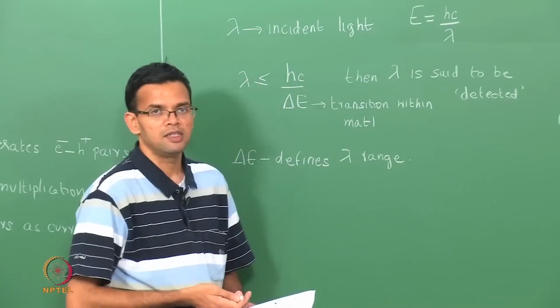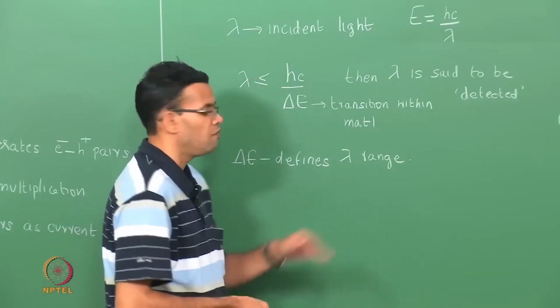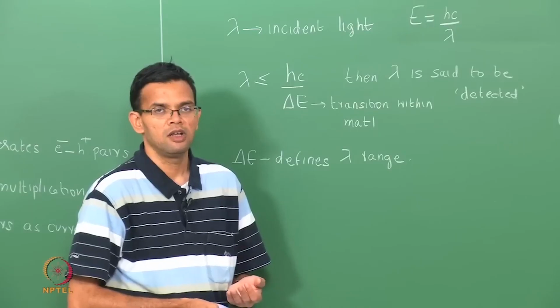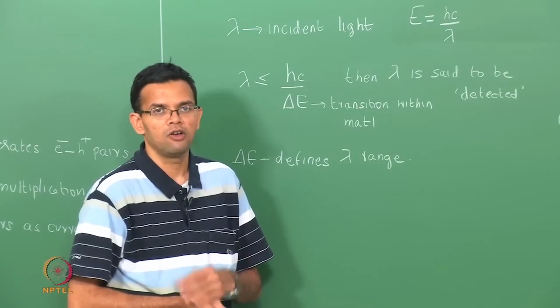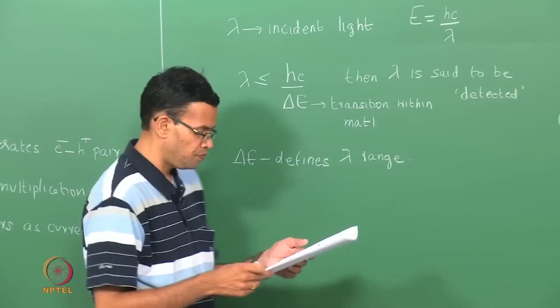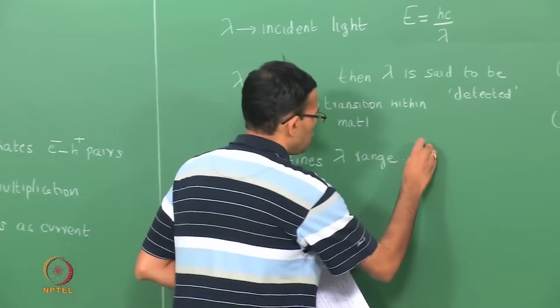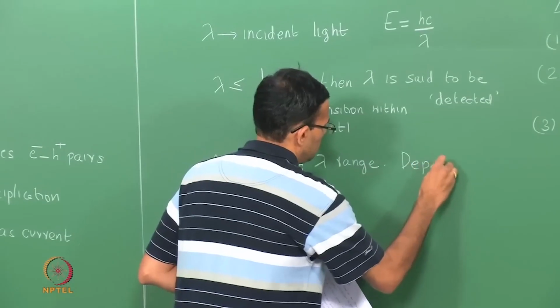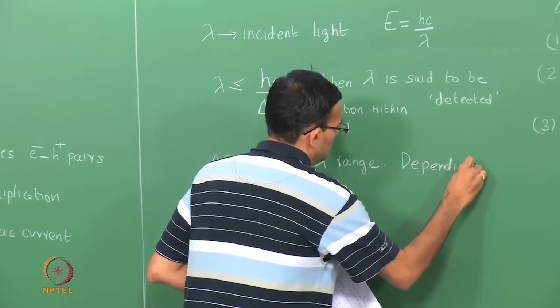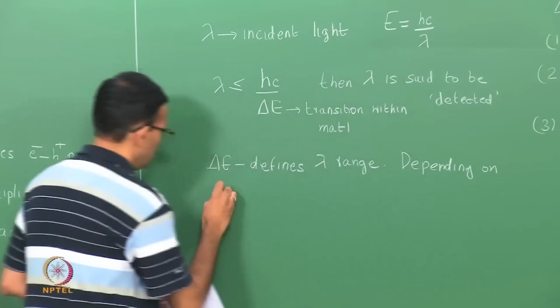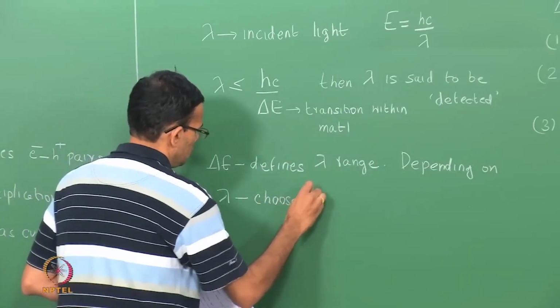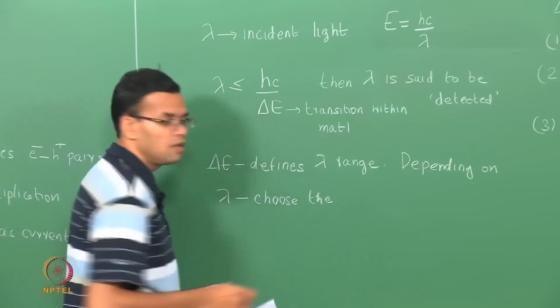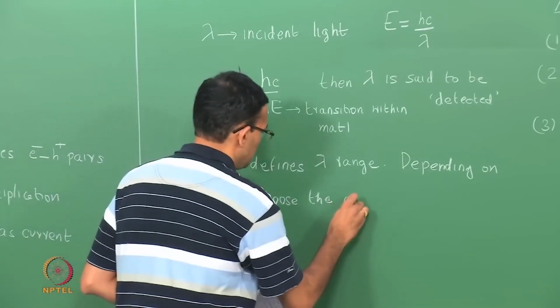Another way of saying this is that depending upon the wavelength range you are interested in, you will choose the appropriate type of photodetector or the photodetector material. So, depending on lambda, you can choose the appropriate detector.